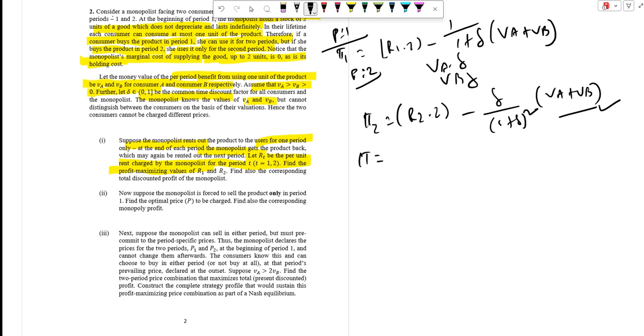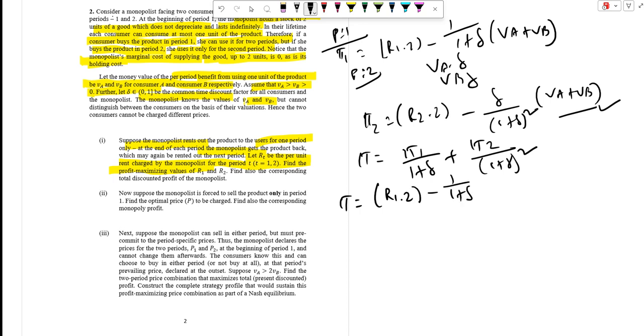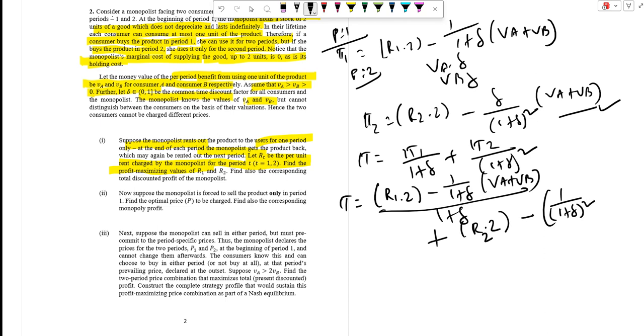So pi is equal to, substituting pi 1 and pi 2 in these formulations, plus VA plus VB square.